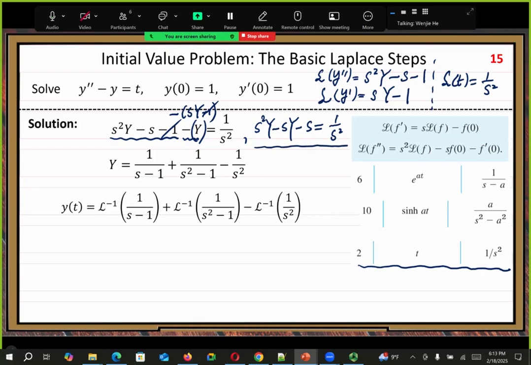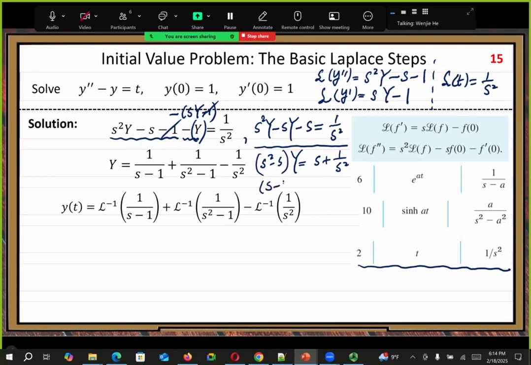So that is S squared minus S times capital Y equals S plus 1 over S squared. Okay? All right, then let me divide by S on both sides first.